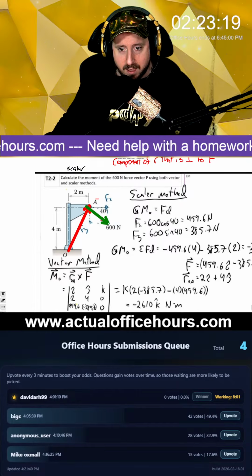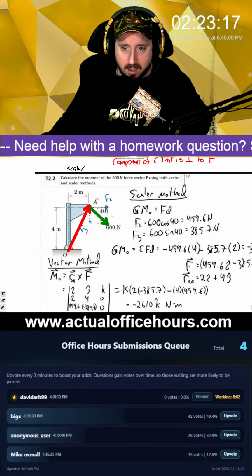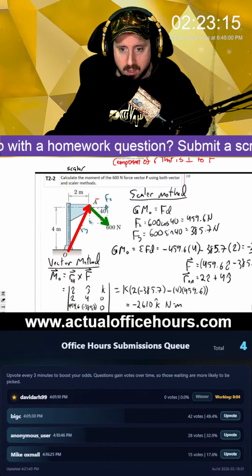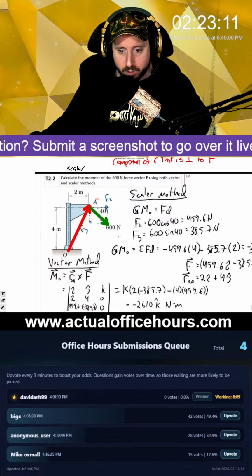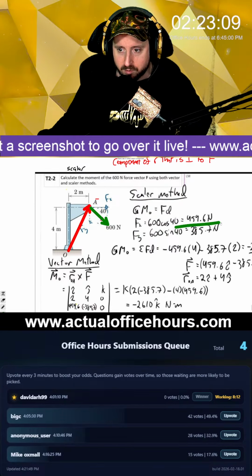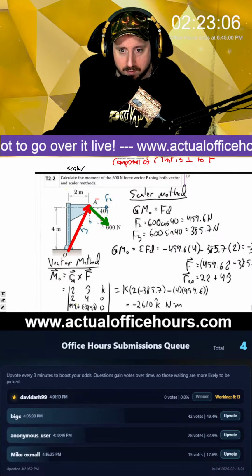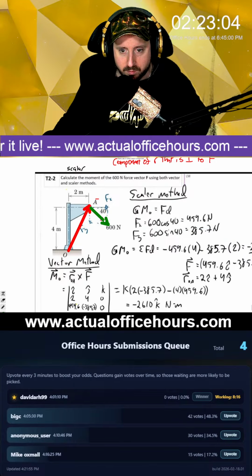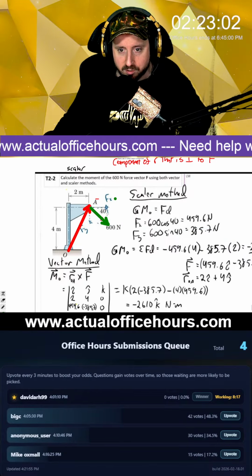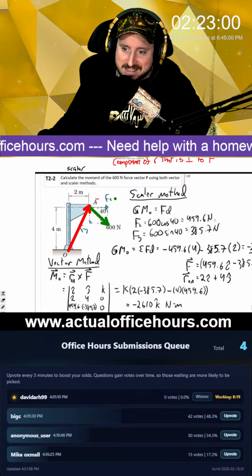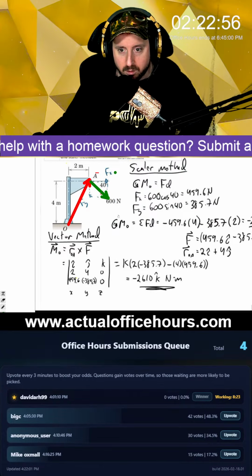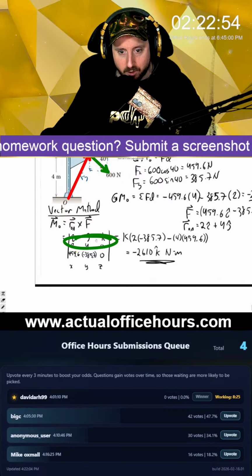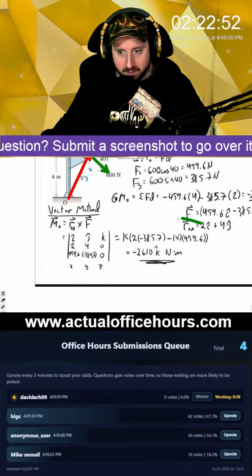F has an X component, which in this case is 600 cosine of 40 degrees, which they found as this. And then you also have the Fy, which is 600 sine of 40 degrees, but negative, because this points down.